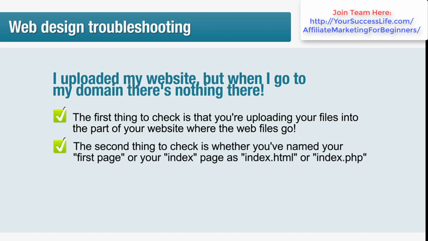The second thing to check is whether you've named your first page or your index page as index.html or index.php. When you type in your domain, the first page you come to has to be called index.html, index.php, or something along those lines. The index part is the key.